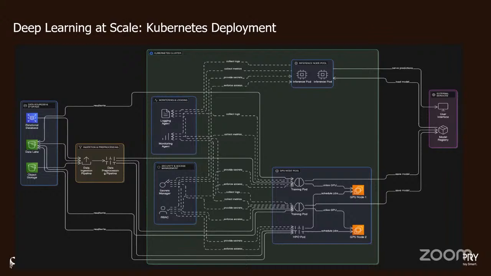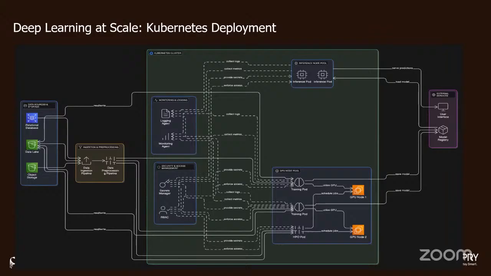Then we will have our monitoring and logging. There are two agents, logging agents and monitoring agents, which collect logs, metrics, and user data, and help in identifying model drift, performance issues, or scaling needs. For example, if too many requests hit an inference pod, Kubernetes can spin up more pods automatically.